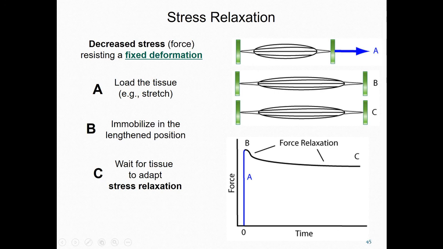We're just holding the tissue in position, but the forces that are acting in between the two green bars here and here are decreasing over time. This decrease in resistance force in the tissue is what we mean by stress relaxation. In the context of working with tissue therapeutically, after allowing the tissue to relax, then the tissue could be stretched further.